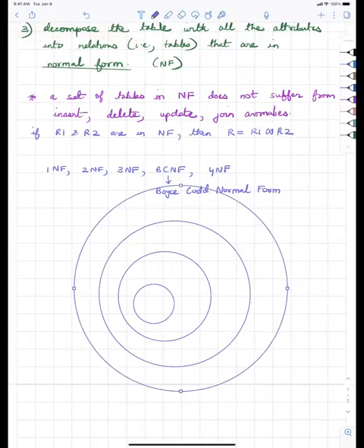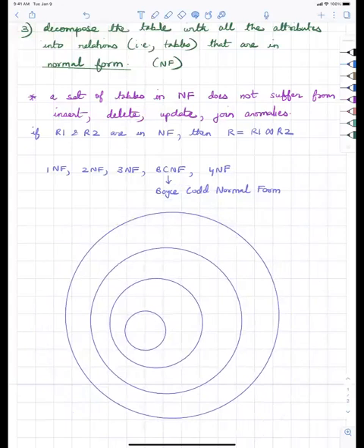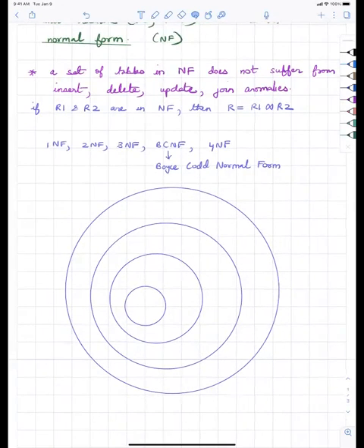I just want to show that. Let me just move this down a bit. All the tables that we are starting with are in first normal form. So I'm going to start with the second normal form.